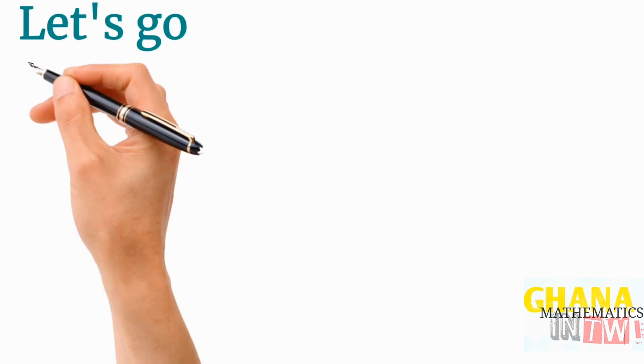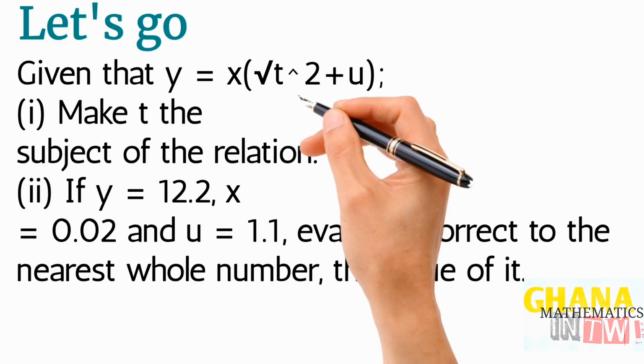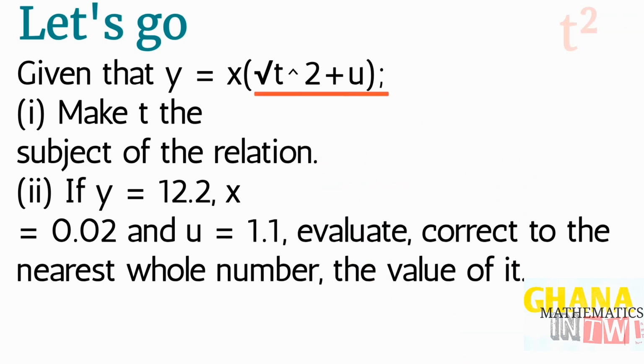Okay, let's go. This was the question: given that y equals s square root of t raised to the power 2 plus u, make t the subject of the relation. (i) If y equals 12.2, x equals 0.02, and u equals 1.1, evaluate, correct to the nearest whole number, the value of t. Please note the square root of t squared plus u, the square root affects the whole thing.